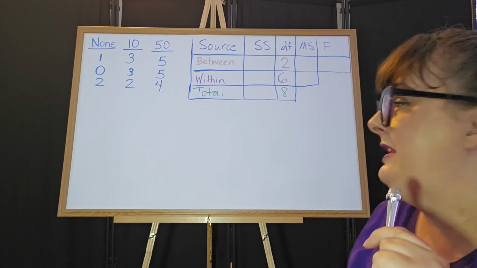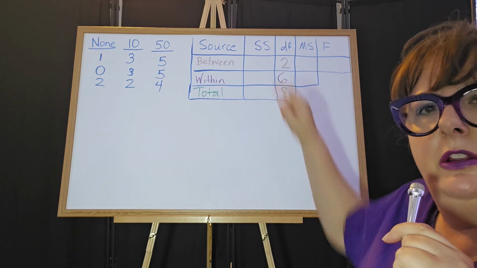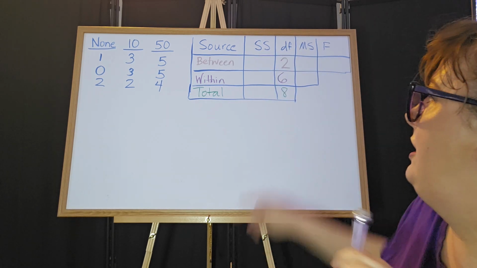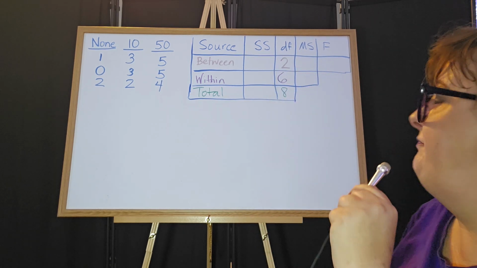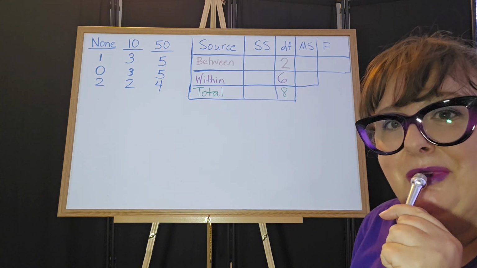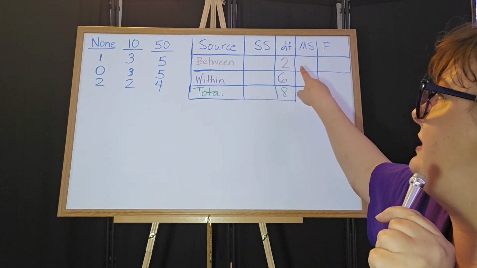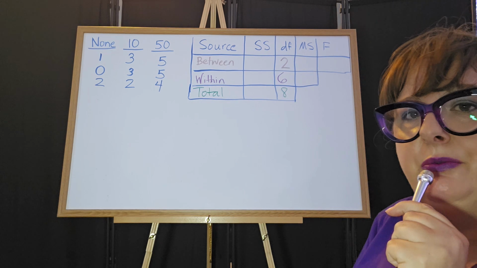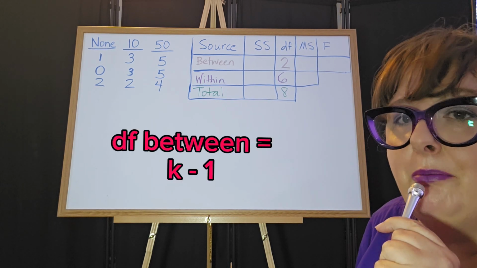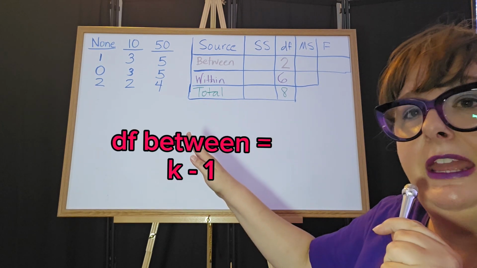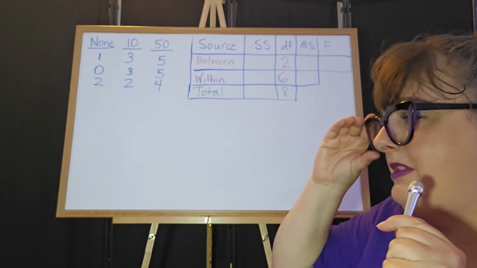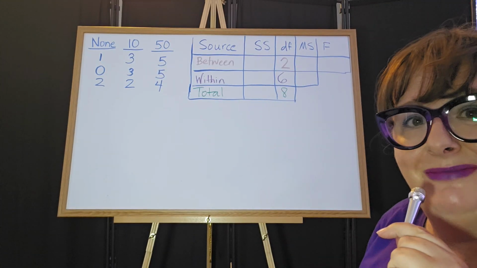And I'm hoping you can see my colored dry erase markers up here. But so for our degrees of freedom, how do we compute those? Your degrees of freedom between is K minus 1. So our K was 3 because we have 3 groups. 3 minus 1 equals 2.